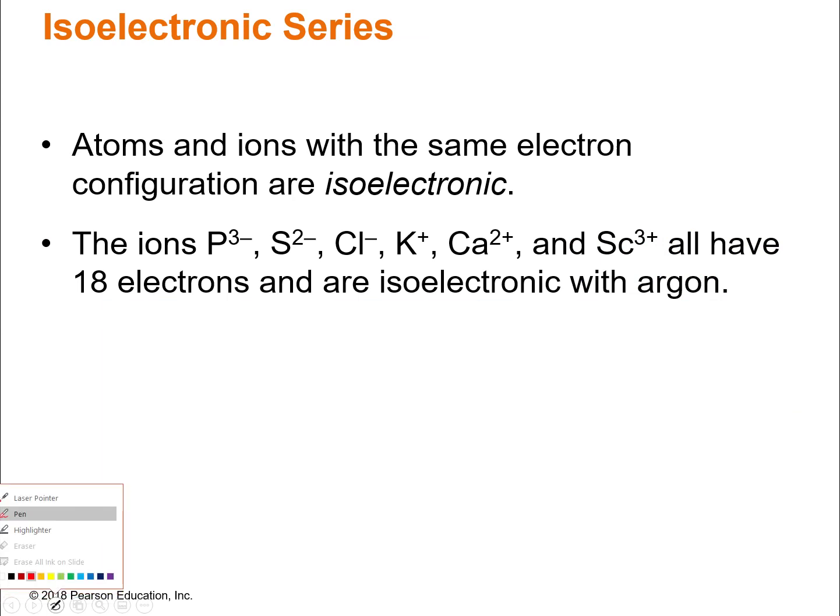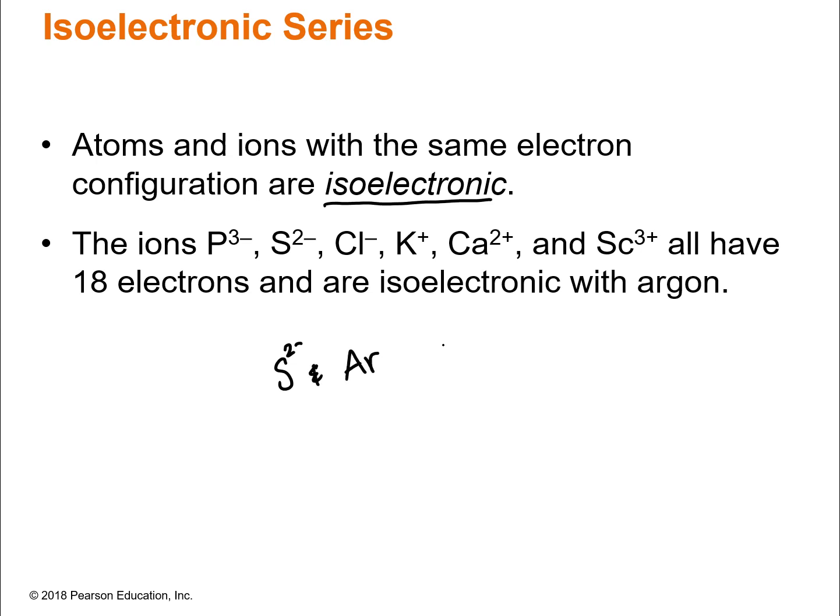The last concept builds on that whole idea of ionic charges. You can look at atoms and ions with the same electron configuration. They are isoelectronic. So just like how we said that the sulfur ion looks like argon, they both have 18 electrons. That's an isoelectronic series.